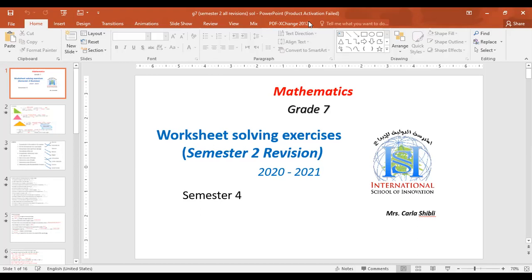So let me share now the whiteboard. Please pay attention. We talked about, as you said, the right triangle. It is a triangle having one right angle in it. So this is the right triangle.